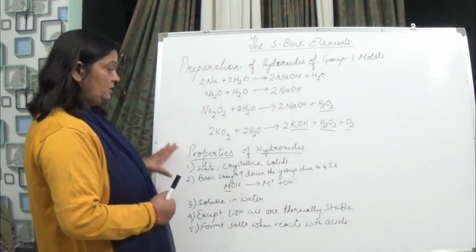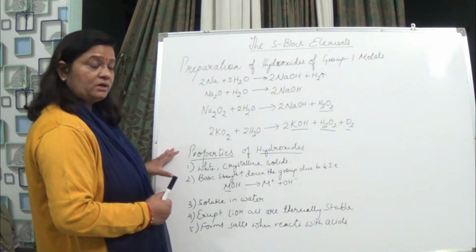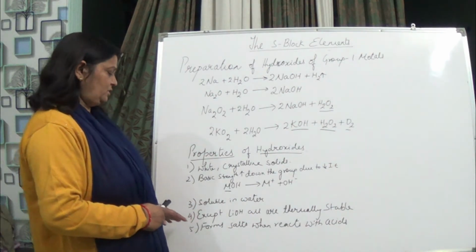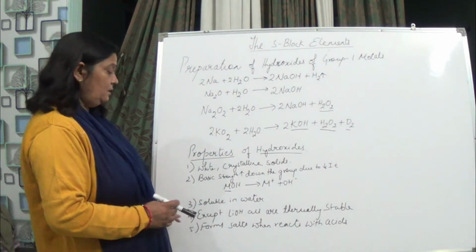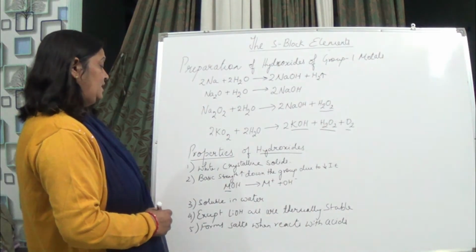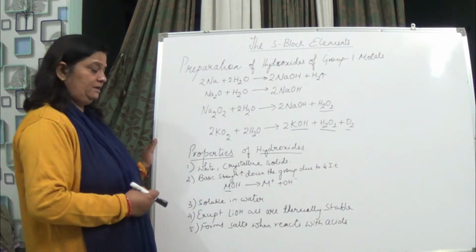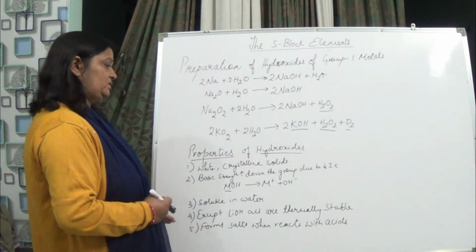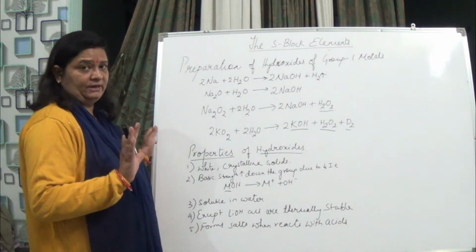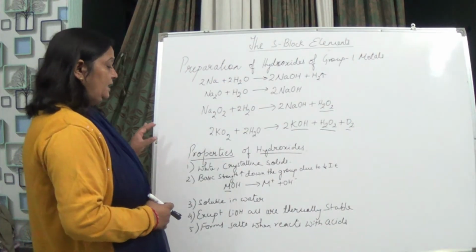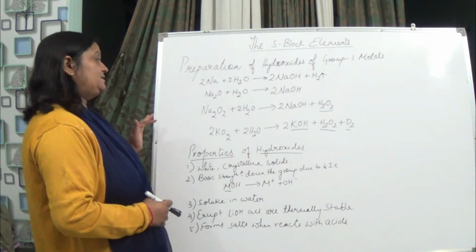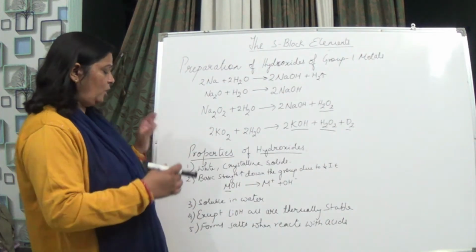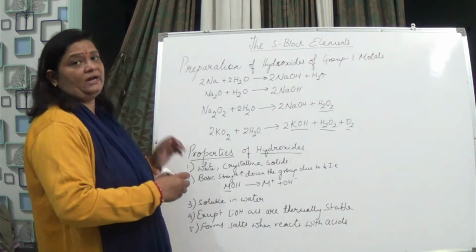When we talk about solubility in water, these hydroxides are totally soluble in water, no problem in dissolving. Now if we talk about stability, except lithium hydroxide, all the hydroxides are thermally stable. The hydroxides of alkali metals normally form salts when they react with acid.